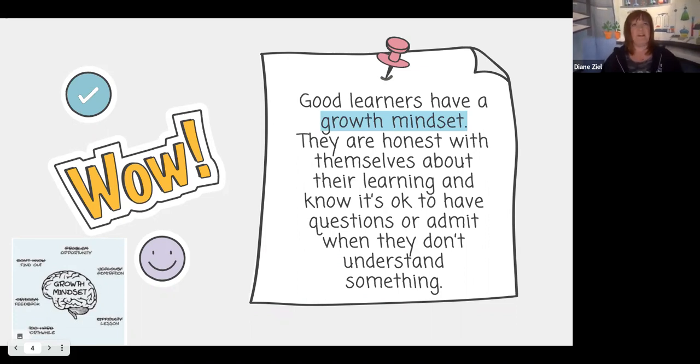You don't say, wait a second, I don't know this. No, good growth mindset learners say, I have to find out more about this. A good growth mindset would say, this is an opportunity for me to learn more. So keep growing that mind. I know I always am trying to, and you should too.